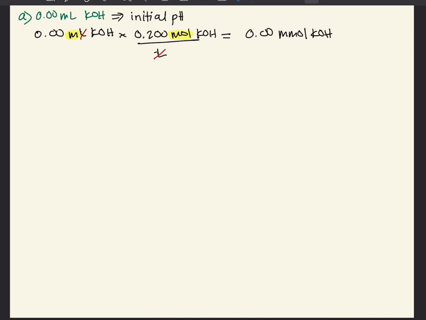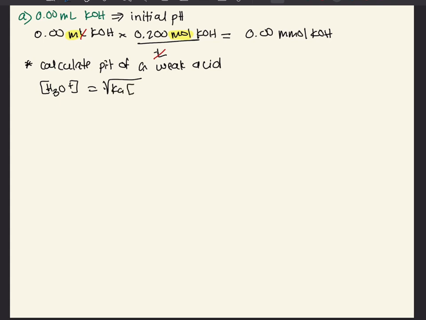One of the biggest mistakes I see at this point is when you are calculating the pH. So now I know I need to calculate the pH of a weak acid. If we recall, we can use the concentration of hydronium ion is equal to the square root of Ka times the initial concentration of my acid.